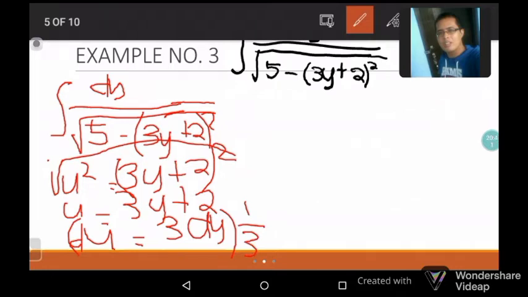Or kahit elementary, tinuro na sa atin yan, yung mga properties of equality. Don't forget that kasi importante din yan in solving calculus problems, no? So which means yung dy natin, which is equal to du over 3.